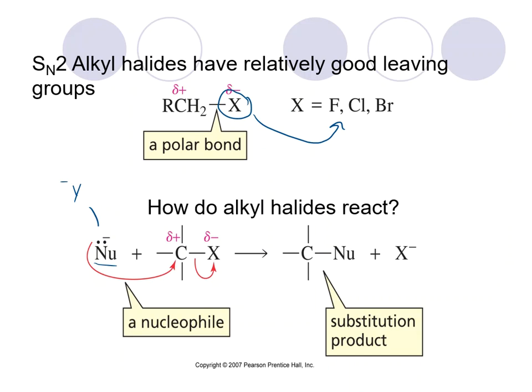Nucleophile, of course, Nu, or the Y. So this nucleophile comes in and it says, hey, hubba hubba. And that carbon says, oh, okay. And it actually looks at both the halogen and this new group at the same time. It forms this new bond, and it's a cheater. SN2s, folks, are the cheaters.